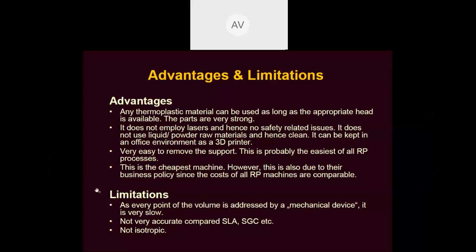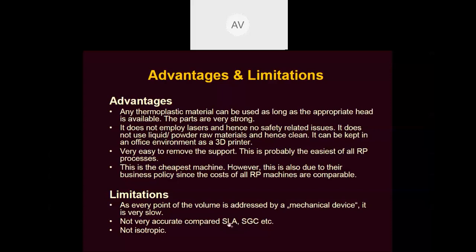The limitations are, as every point of volume is addressed by a mechanical device, it is very slow. So the main problem is the time; for printing the part, the time required is more, as mechanical devices are used. It is also not very accurate compared to SLA.